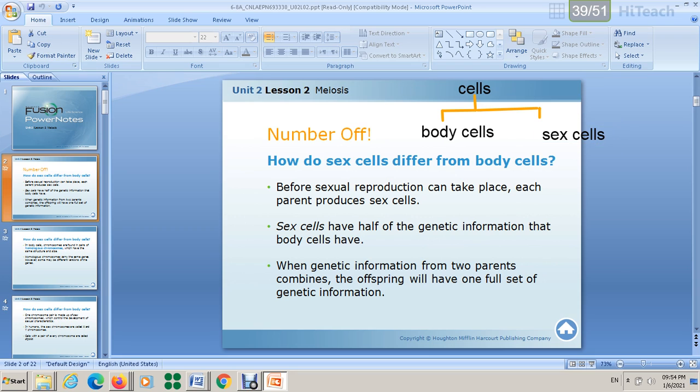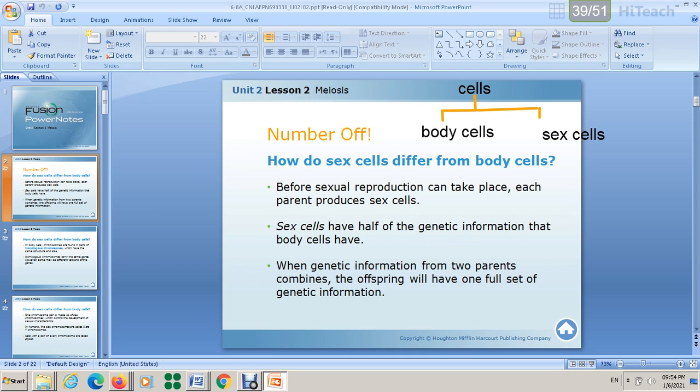Listen now. Why do we have body cells? Like what body cells? You're talking about skin, nerve, blood, kidney cells. All these are body cells. Okay. What about sex cells? The sex cells are the sperm cells for male and egg cells for female.